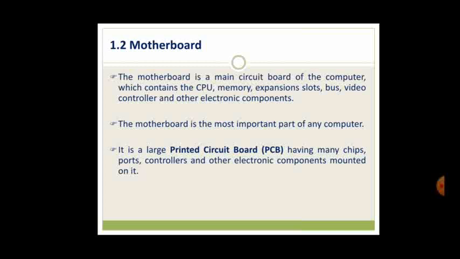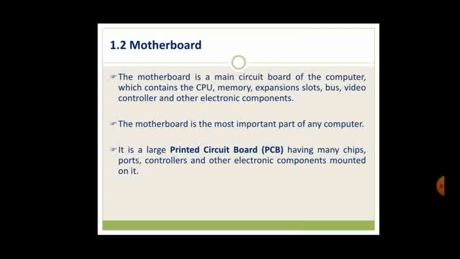Next is the motherboard. So what is a motherboard? The motherboard is the main circuit board of the computer, which contains the CPU, memory, expansion slots, bus, video controller and other electronic components. The motherboard is the most important part of any computer. That means without a motherboard, a computer is of no use, because the motherboard contains almost all the components of the computer.